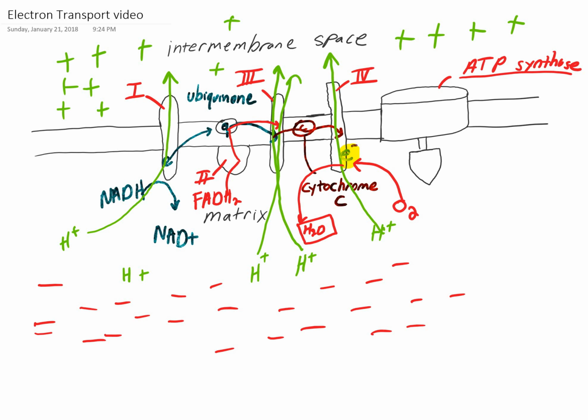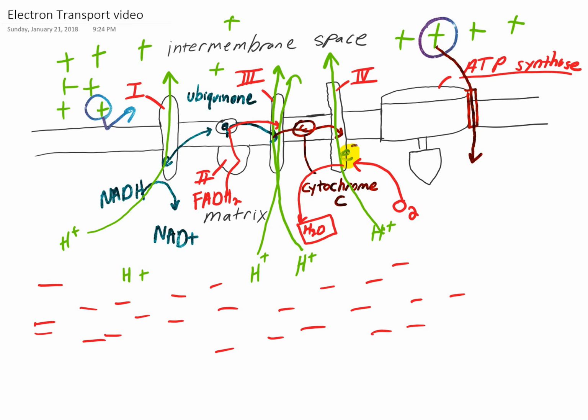Well, what happens at this point is that these positives up here want to get back down, but they can't, because they can't go through the membrane. If they try, they just bounce off and have to stay on this side. And this is where ATP synthase comes into play. The ATP synthase provides a way for protons to go from the positive end back to the negative side.